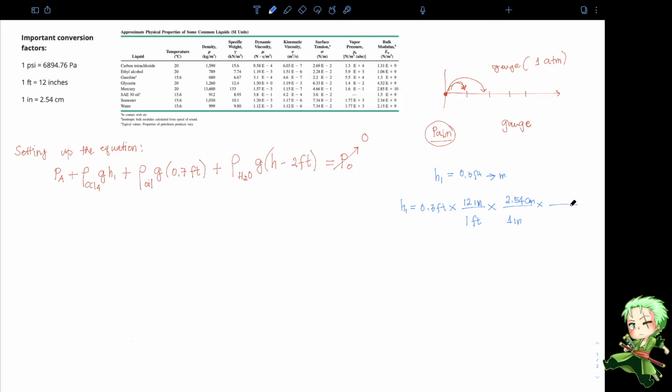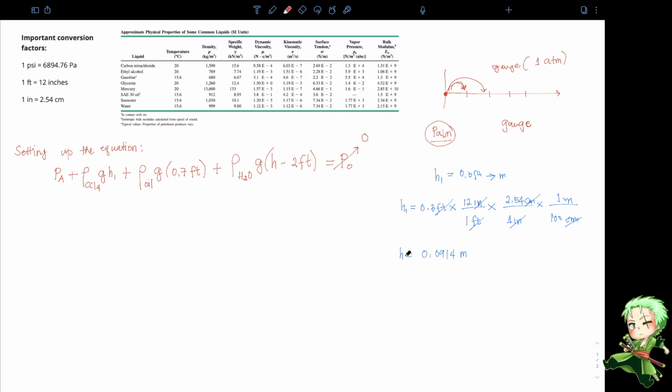And then you multiply this by 1 meter per 100 centimeters. So the feet will cancel out, the inches will cancel out, the centimeters will cancel out. So you just plug in these values to your calculator. Times 12, times 2.54, divide by 100. You have 0.0914, and this is now in meters. So this is an SI unit of length, meters already.